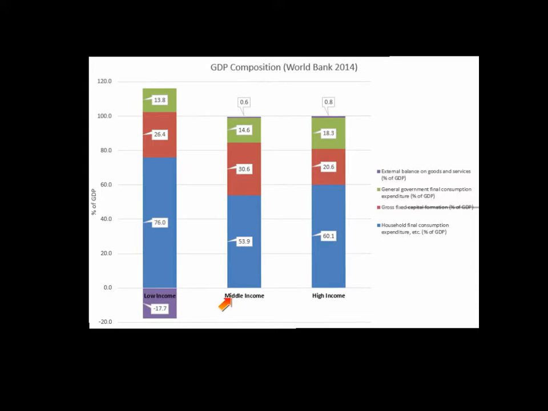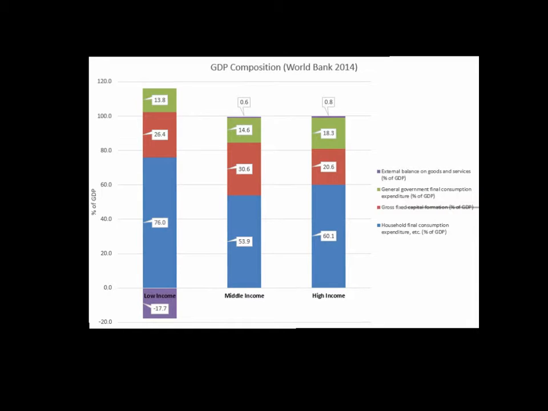If we look at the middle income, now middle income includes the majority of countries, actually. Most countries are included in middle income. We're talking here about countries between just a little over $1,000 up to about $12,000 on GNI per capita. And what we can see here is that the structure is slightly different.